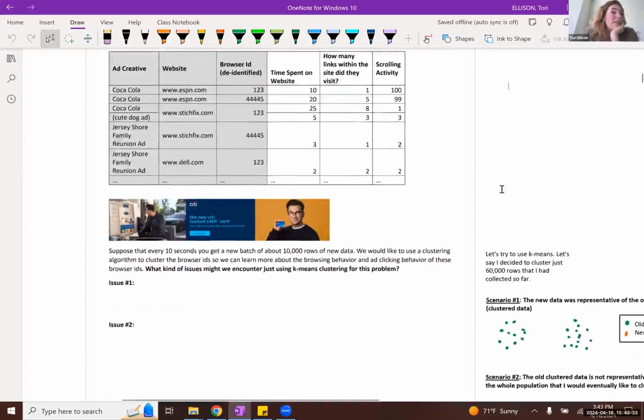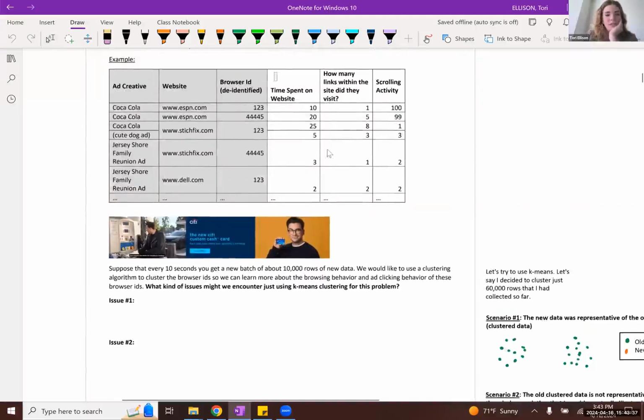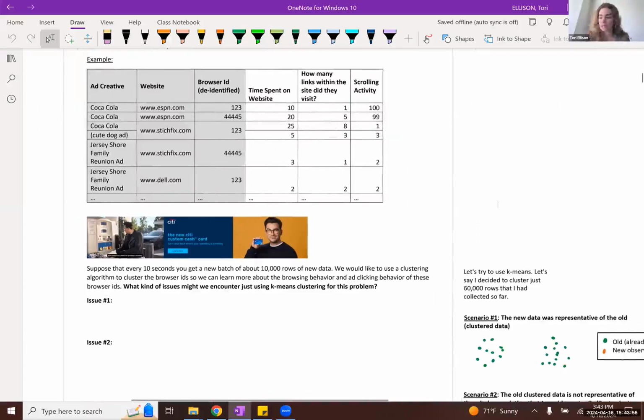Let's say you're the data scientist and you'd like to cluster this data set. Suppose that every 10 seconds, you get a new batch of about 10,000 rows of data. You'd like to cluster this data set, but as we can see, we're probably going to run into a couple of complicating issues here.